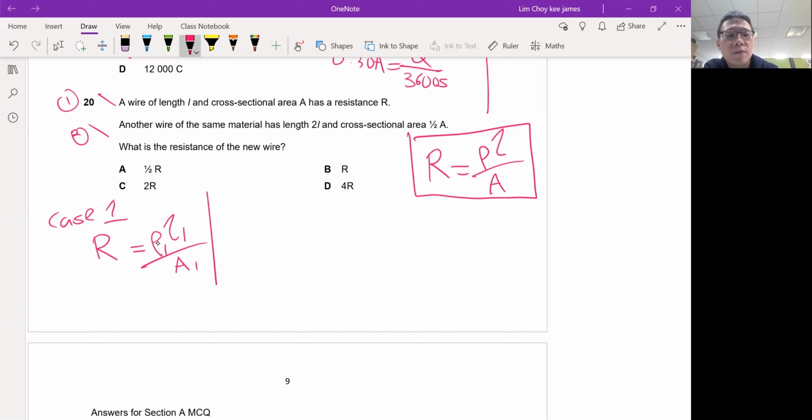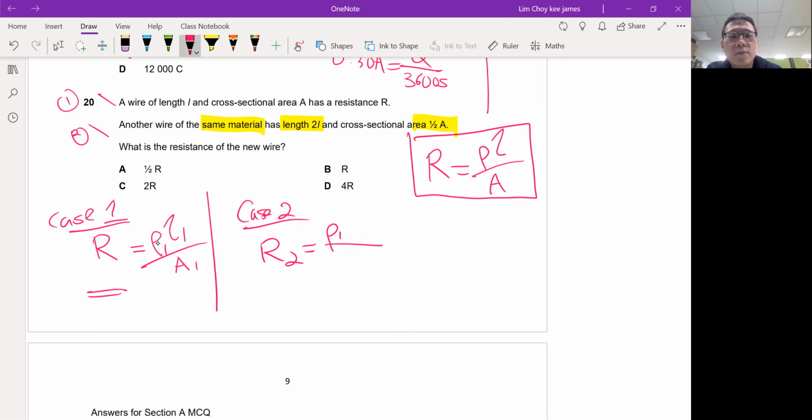Now, for case 2, the important thing is this: same material, length 2L, area 1/2. If it is the same material, I will have the same resistivity as case 1, so it will be rho 1 also.